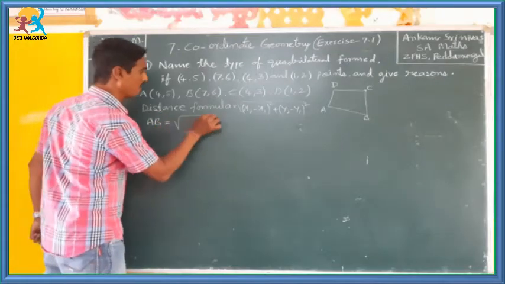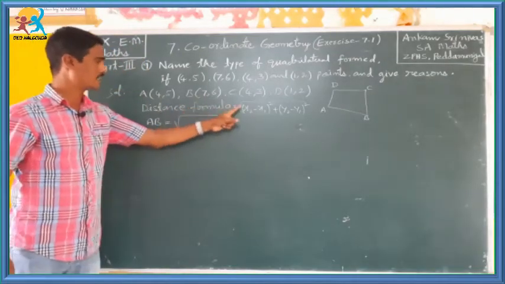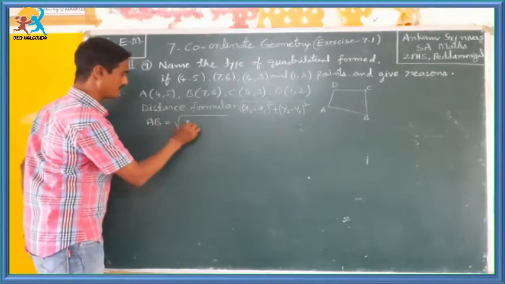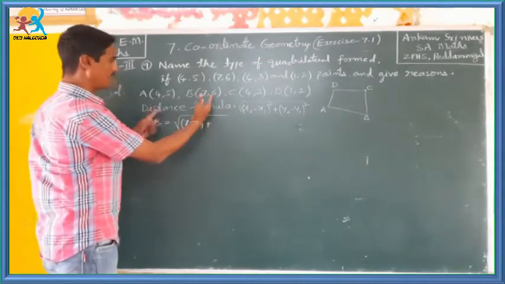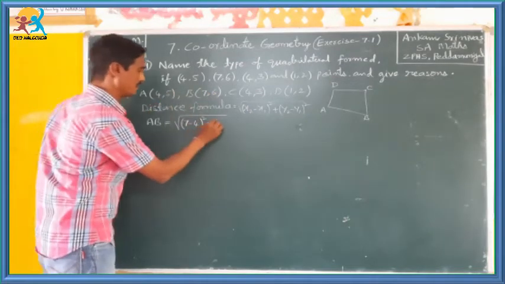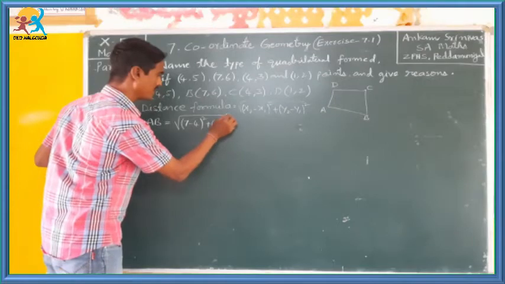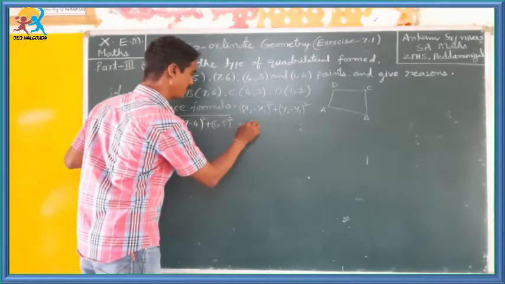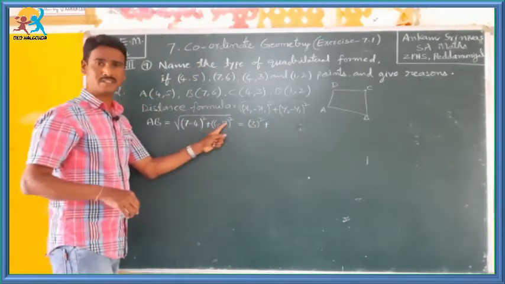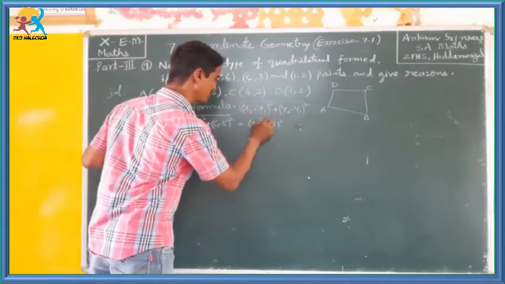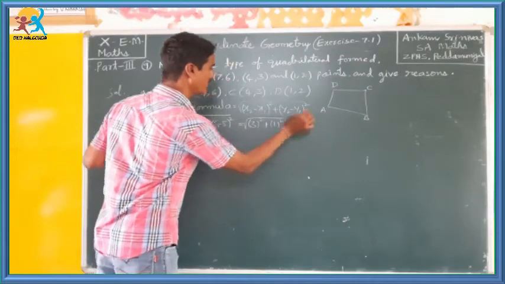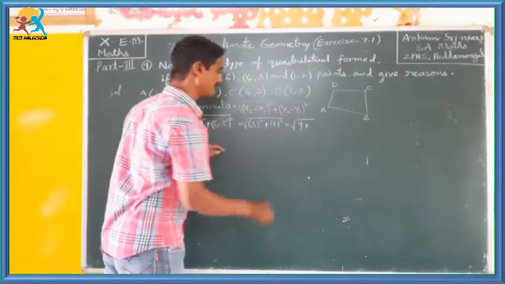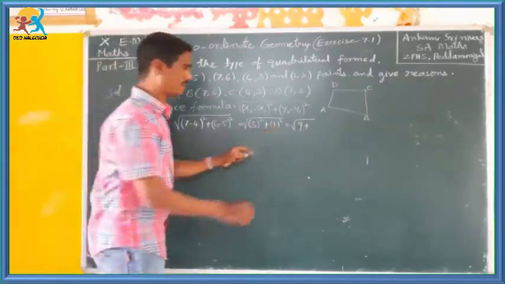AB equals square root of, here x2 minus x1 whole square means difference of first coordinates, so you can write 7 minus 4 whole square plus y2 minus y1, 6 minus 5 whole square. 7 minus 4 is 3, 3 square, plus 6 minus 5 is 1, 1 square. 3 square means 3 into 3, that is 9, plus 1 square, 1 into 1, is 1.